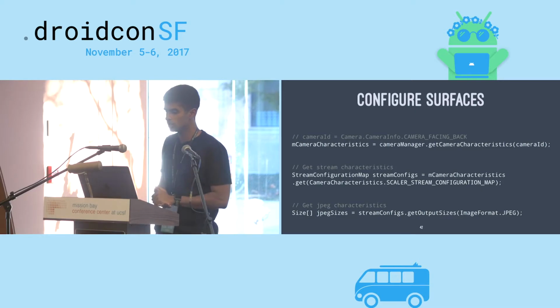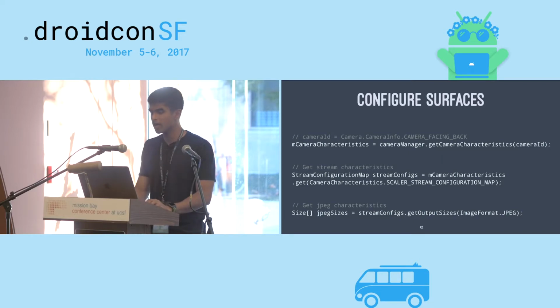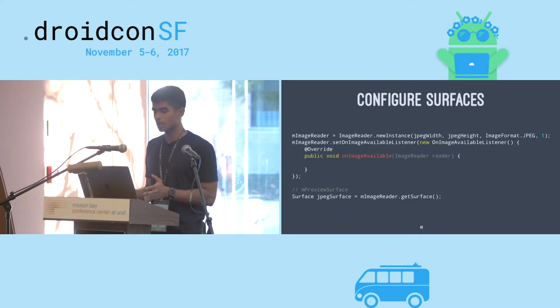Then the next thing we want to do is configure surfaces. So say we pick the back camera here. We want to get the camera characteristics, and out of the camera characteristics, we want to get the stream configuration. And once we have that, we want to see what all the output sizes of this stream configuration are for a JPEG. Once we have that, we can now create an image reader with the JPEG, with one of the preferable JPEG widths and heights.